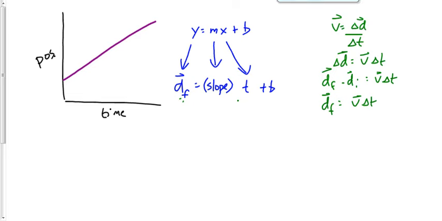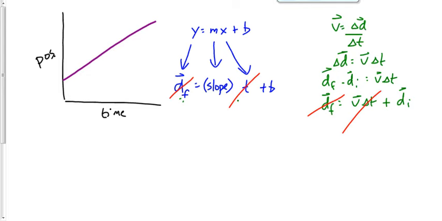How do we get rid of the di? Subtracted. We added on both sides. Now, look at the blue equation, look at the green equation. df is equal to the slope times t plus b. df is equal to v times t plus di. Cross off df, because it's in both of them. Cross off t, because it's in both of them.